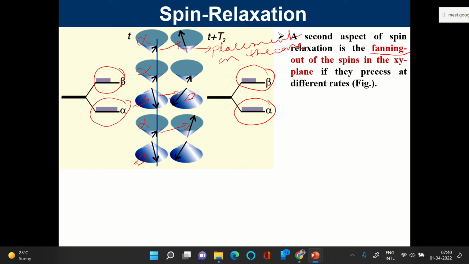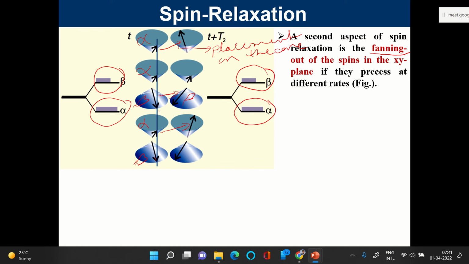So this is a type of relaxation that we know as spin relaxation. This is spin relaxation, in which there is no change in the alpha and beta state. You have the same population, but initially, if they are thought to be aligned, all the spins are placed on the same position along the cone.